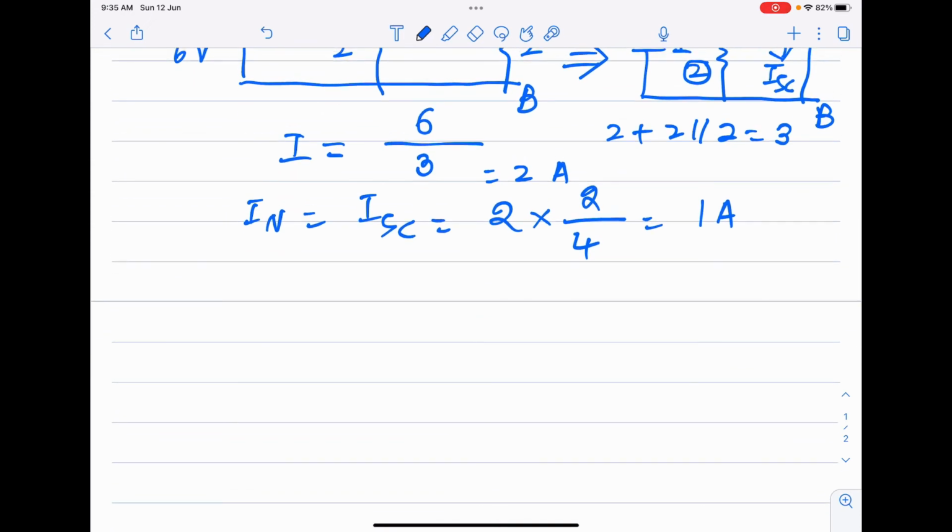Now, in the second step, we will remove the battery, that is, short circuit the battery, and now our circuit will look like this.